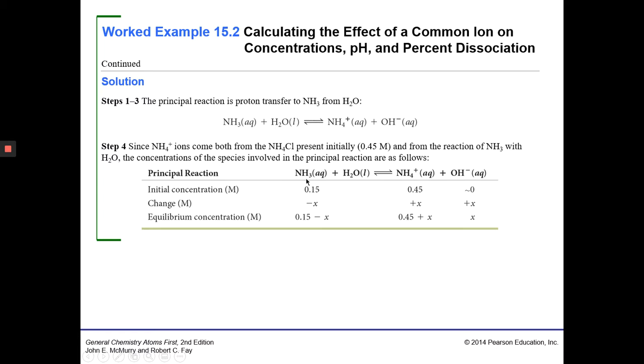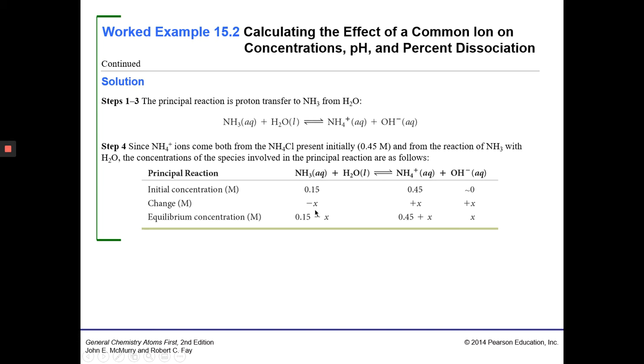So we have ammonia, and instead of this term being 0, it's 0.45 because we've added the conjugate acid to the solution.